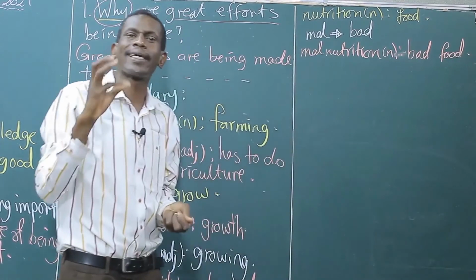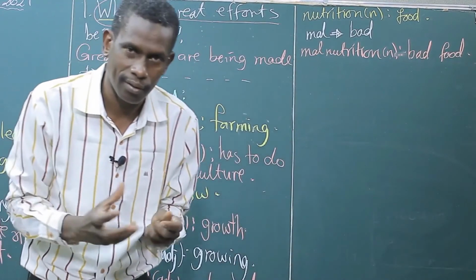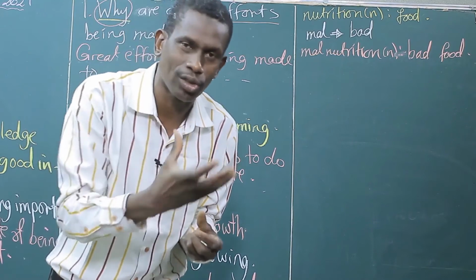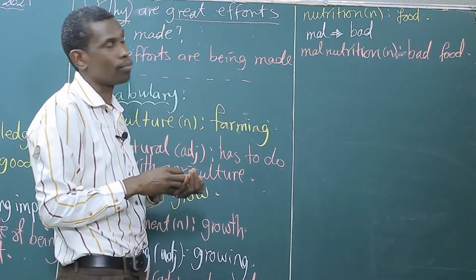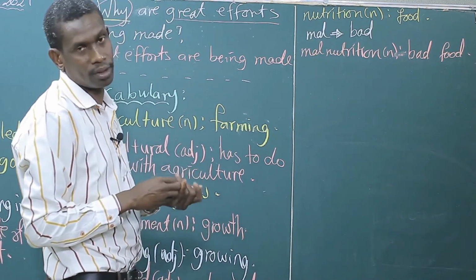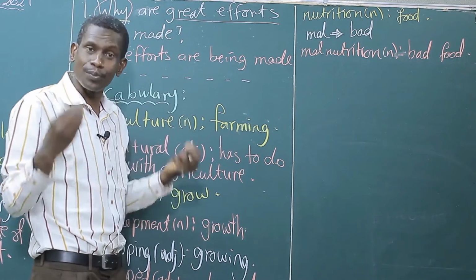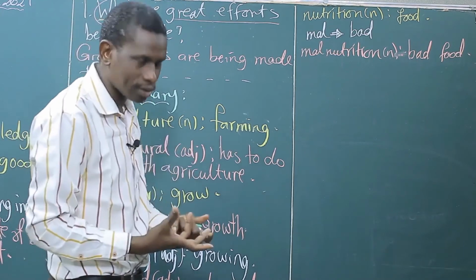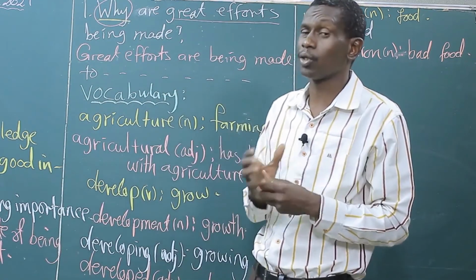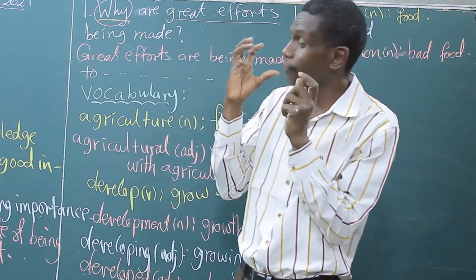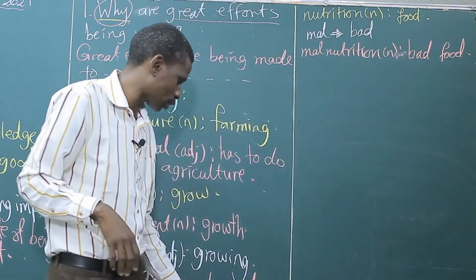So developing countries suffer of malnutrition, of bad nutrition. Okay? Developing countries suffer from malnutrition. Meanwhile, developed countries do not suffer from malnutrition because they are rich countries. So developed ED is rich countries.